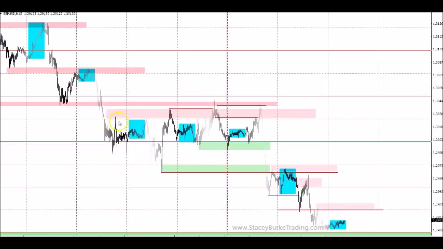So I look at the close of the market and how did the market close as it headed into the Asian market, and also, in a downward move, where was the last swing high, and that becomes my new initial high of the day target. But I specifically look at the levels.